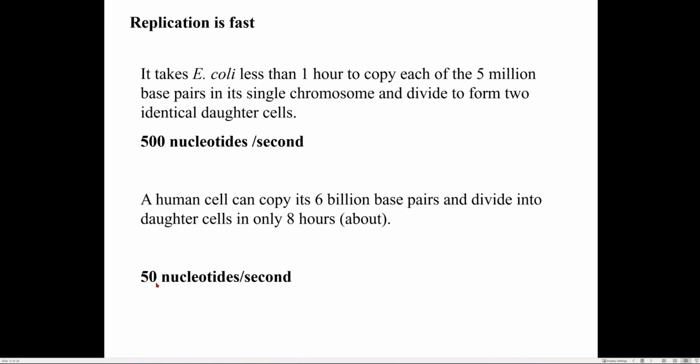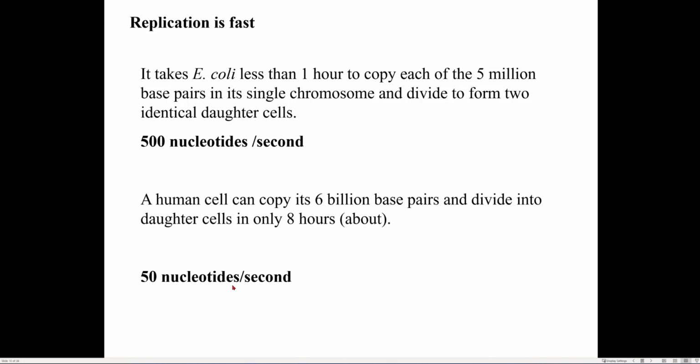Some of the most rapidly growing cells in your body are your skin cells, or the cells lining your tongue. Remember, we talked about if you burn yourself in your mouth, those cells replace themselves very, very quickly. The cells that line your intestines and your stomach also grow very, very quickly. It takes about 8 hours for them to go through their cell cycle, but they have to replicate all the DNA before they can go through this.